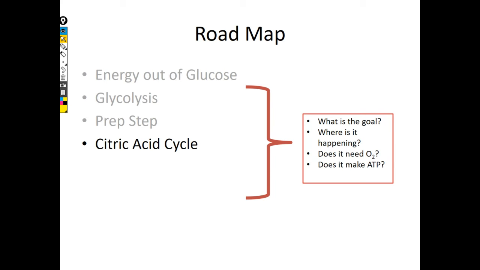Where in the cell are we? Are we going to consume any kind of O2 or oxygen products? And are we going to get ATP or any kind of energy out of it? Okay. So we want to hang on to our goal box.